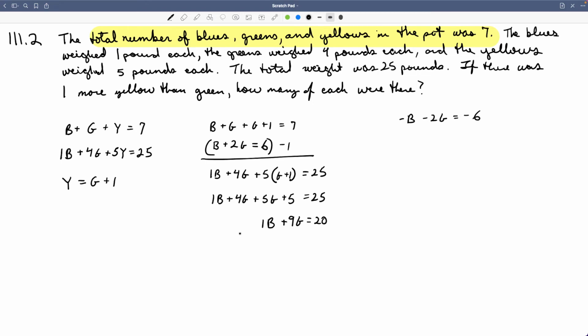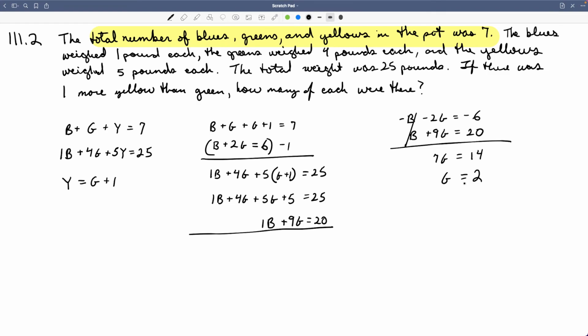Let me bring this one up here. 1b, positive 1b, plus 9g equals 20. Cancel. This gives me 7g is equal to 14. So the number of greens was 2.